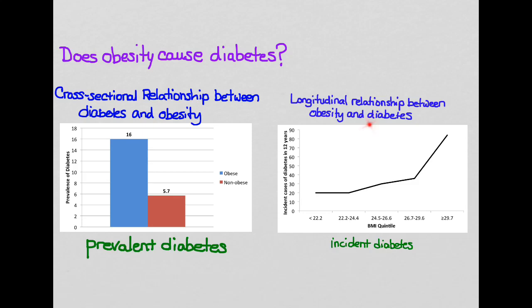So multiple outcomes can be explored with a cohort, as well as multiple exposures, which we already talked about. In this paper, I'm not showing you the data, but they also looked at the relationship between fat mass and diabetes, and some other variables in diabetes. That's another benefit of cohort studies, they can look at multiple outcomes and multiple exposures.